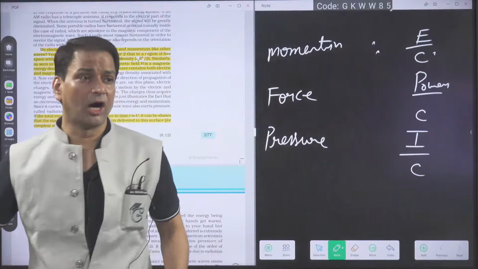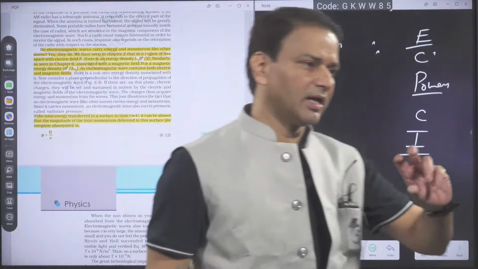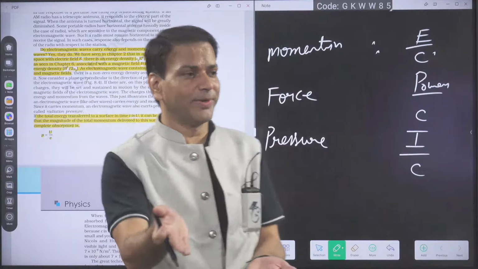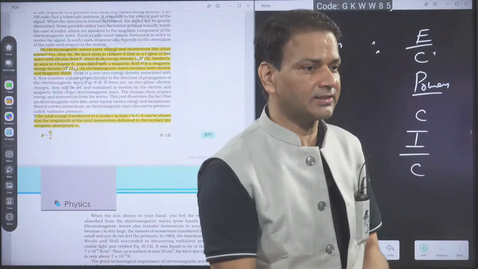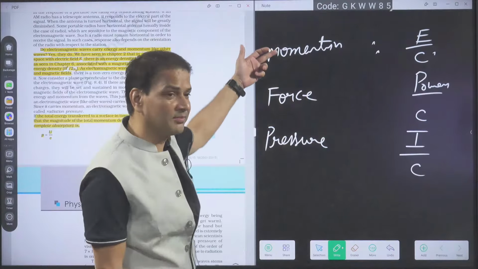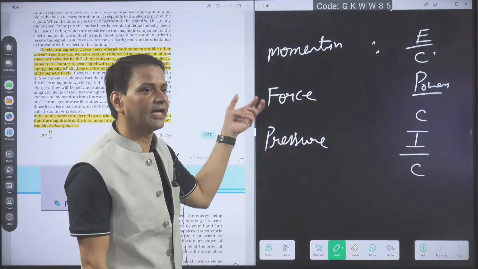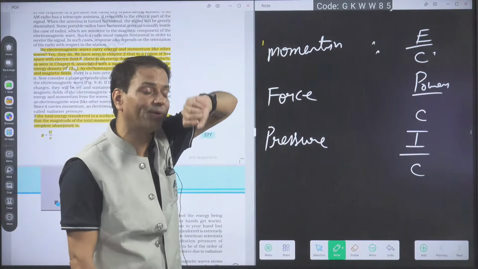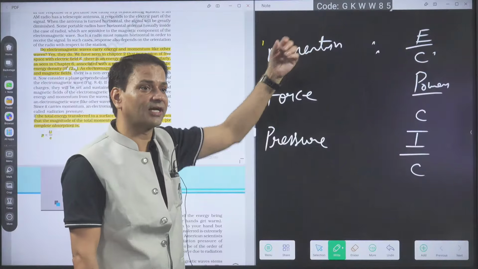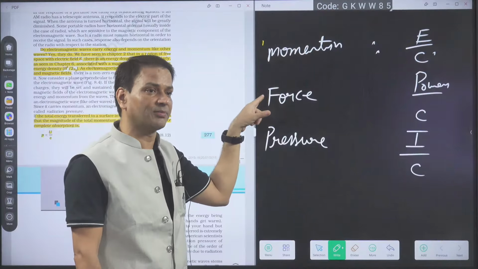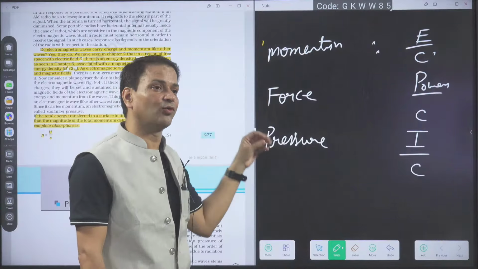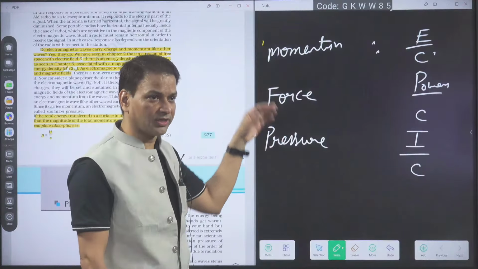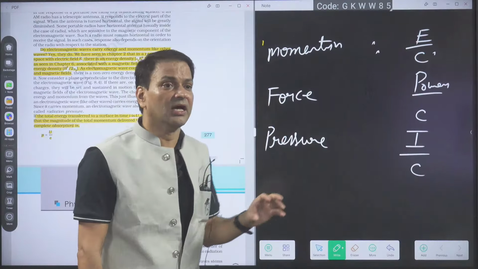How to remember: like we learned the quantities in sequence. First momentum, then Newton's second law, rate of change of linear momentum is the force, then we learned pressure, normal force per unit area. So this is the sequence of the quantities: momentum, force and pressure.